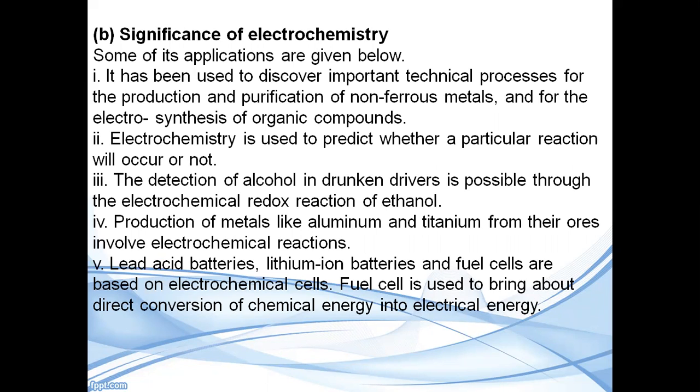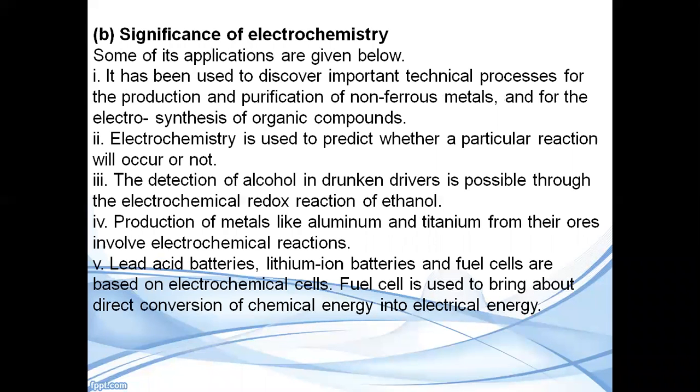Production of metals like aluminum and titanium from their ores involves electrochemical reactions. Mostly aluminum is produced this way, so electrochemistry is used in the production of aluminum and titanium.